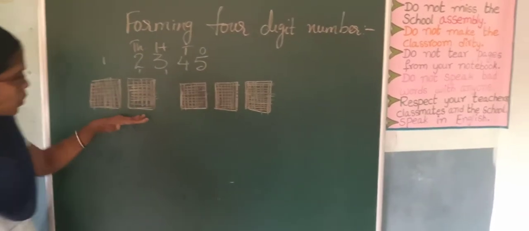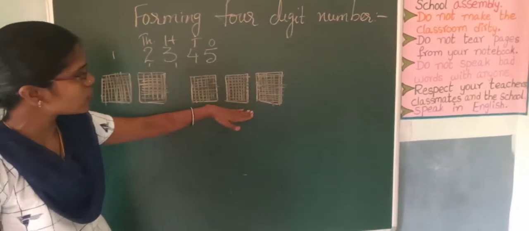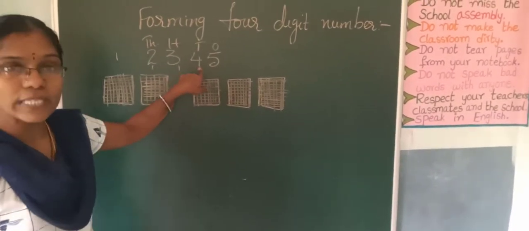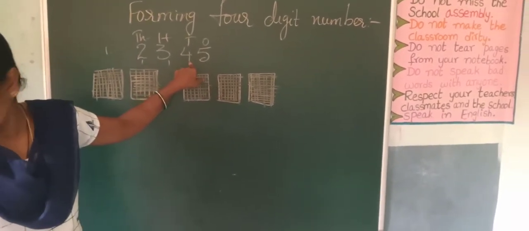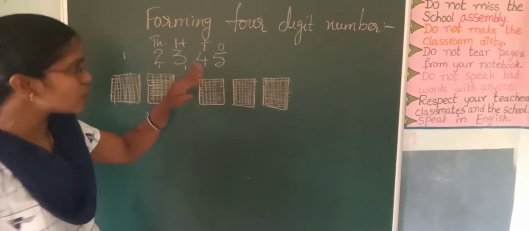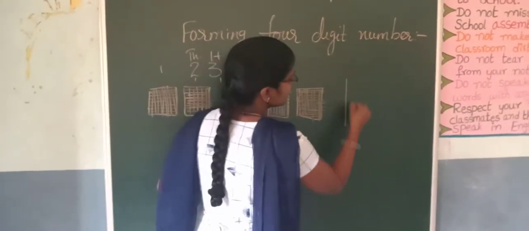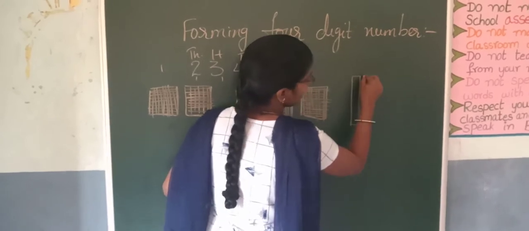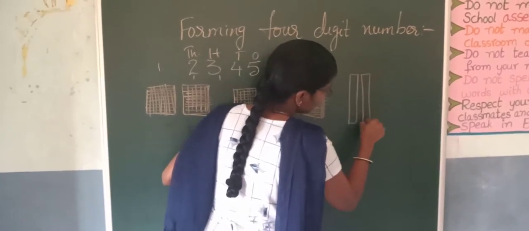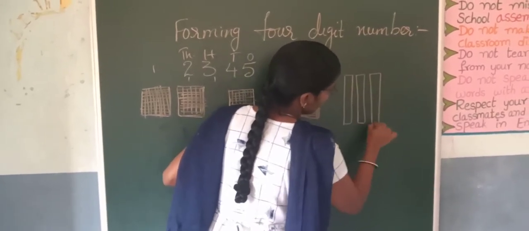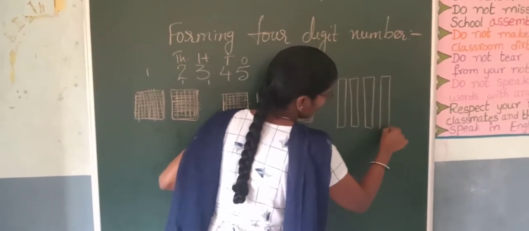Now see here 2000 boxes, 300 boxes. Now see how many tens boxes we have to draw? 4. So see here tens we have to draw like this. Okay, 1, 2, 3 and 4.